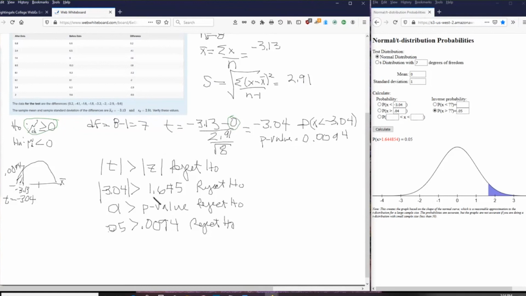So another way you could do it is, if your negative 3.04 is going to be less than your negative 1.645, then that's also going to tell you to reject. But if you remember, it's the absolute value, then you don't have to worry about your signs.